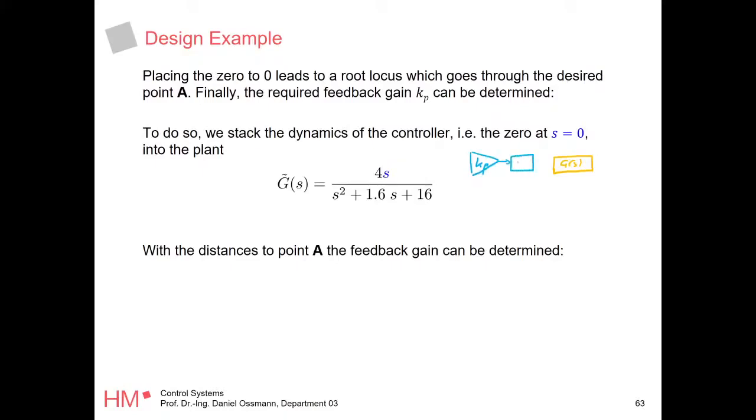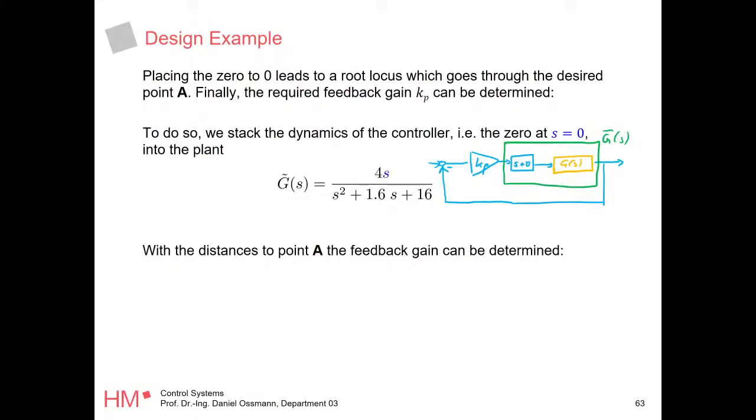In our case, the zero is at zero, so we can write it like this. The blue one is going to be our controller. But for the computation of the root locus curve, we need to see this as a new augmented plant. Let's call it G tilde.